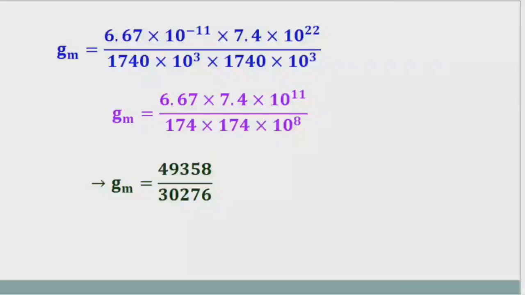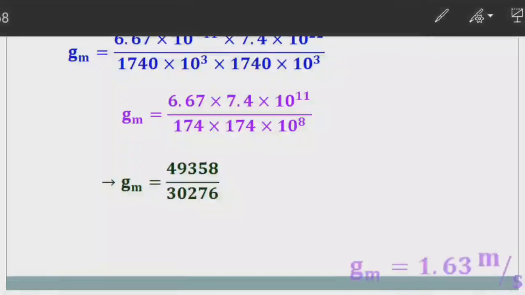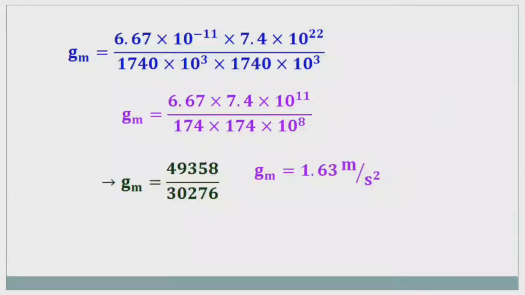So what is the remaining value? That is 10 power 3. So 49.358 into 10 power 3 divided by 30,276. Gm is equal to 1.63 meter per second square. Free fall acceleration of the moon is nearly equal to 1.63 meter per second square.